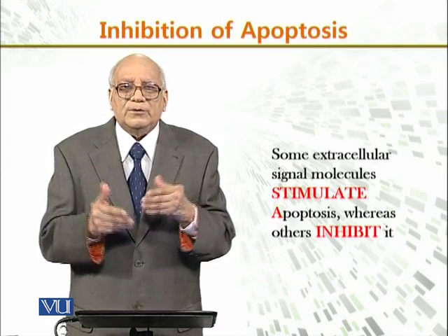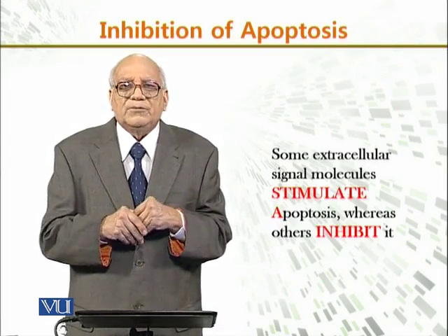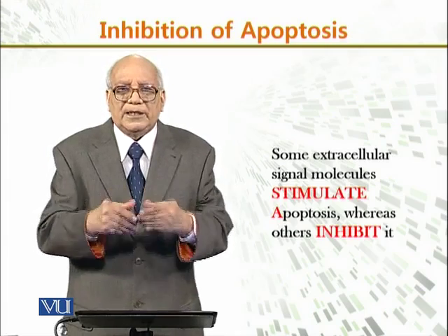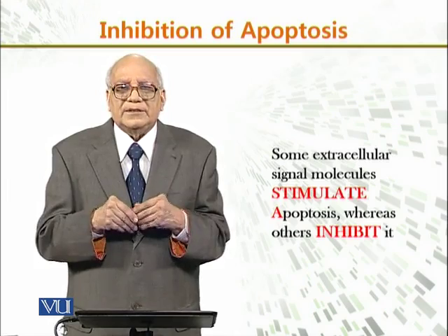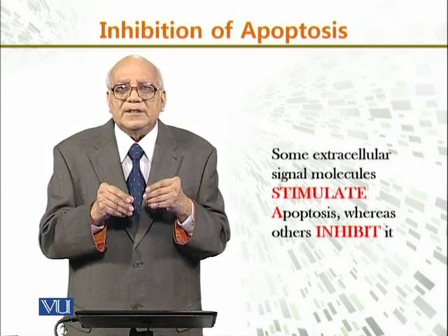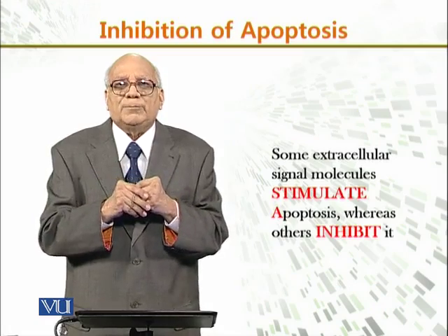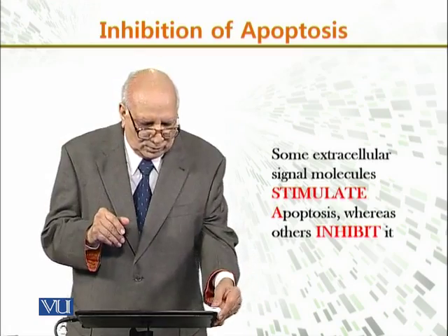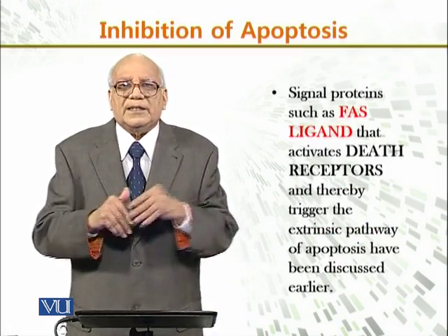Now, some extracellular signal molecules stimulate apoptosis, जो कि apoptosis को stimulate करते हैं, whereas there are other extracellular signals which inhibit apoptosis, जो कि apoptosis को रोकते हैं. वो क्या क्या हैं?